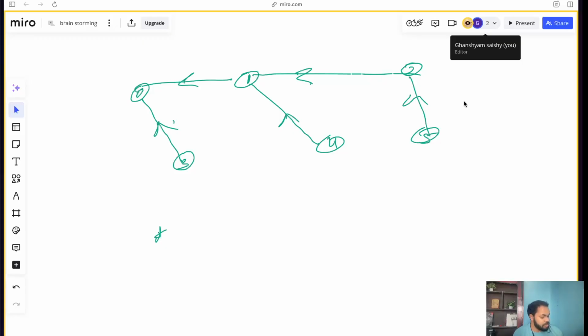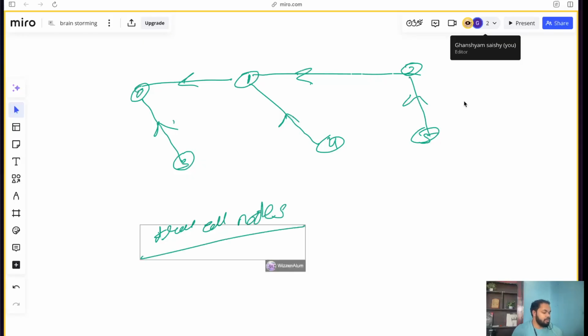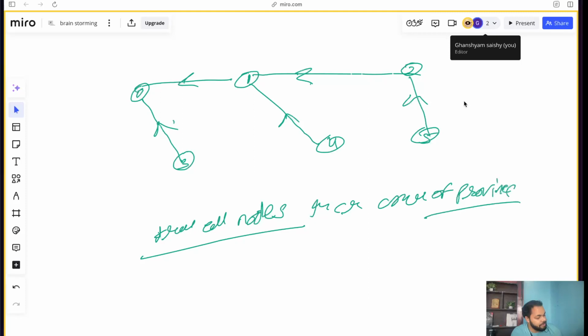So traverse all nodes, and then try to create a count of provinces, and if the count of provinces is less in one of them, then set that as the answer. But it will take a huge amount of calculation.